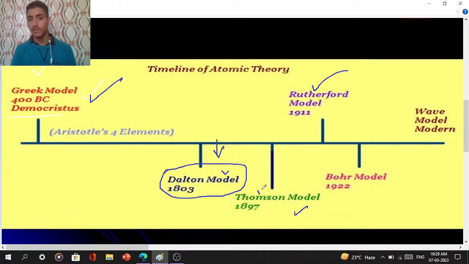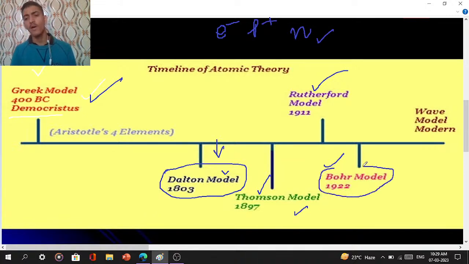Then I explained the discovery of electrons, protons, and neutrons, and further we discussed Rutherford's model, then Bohr's model.